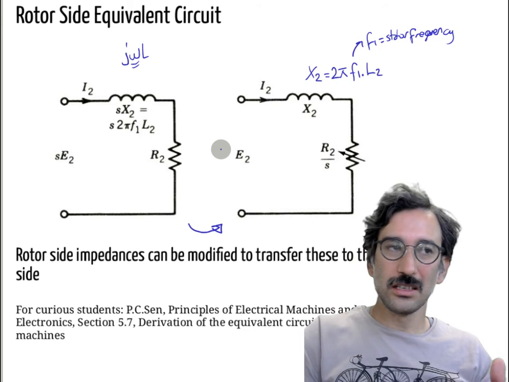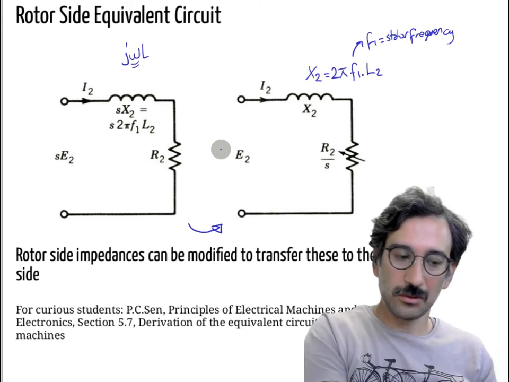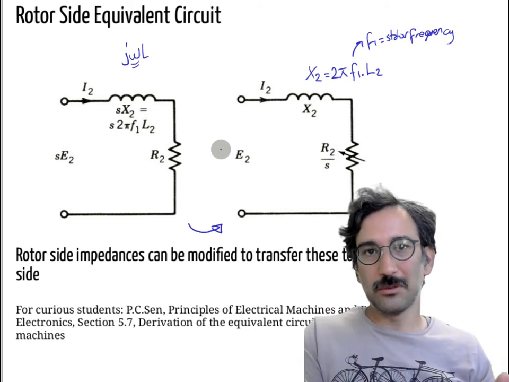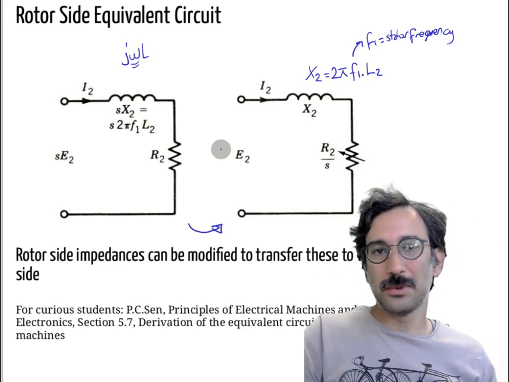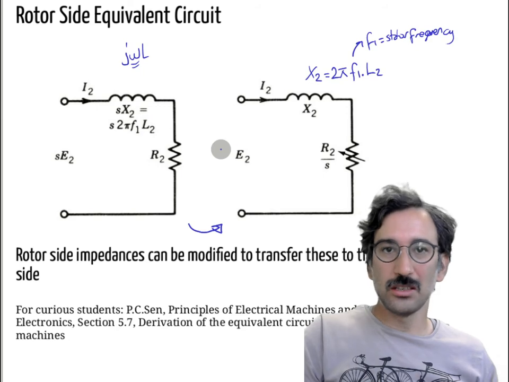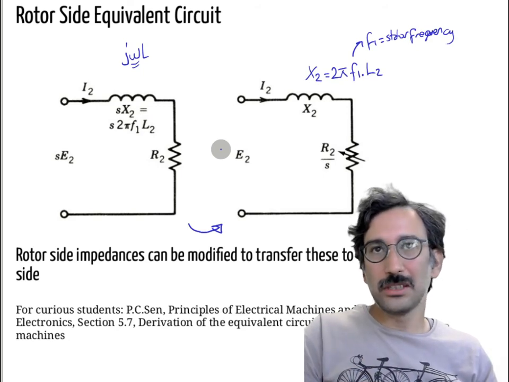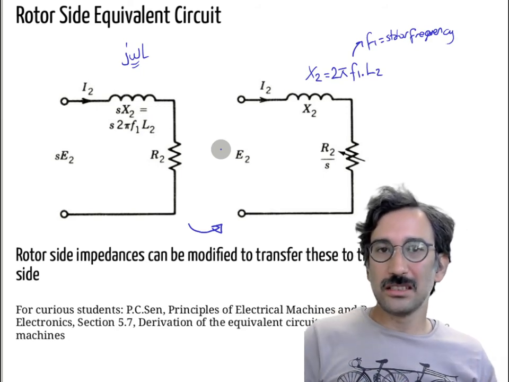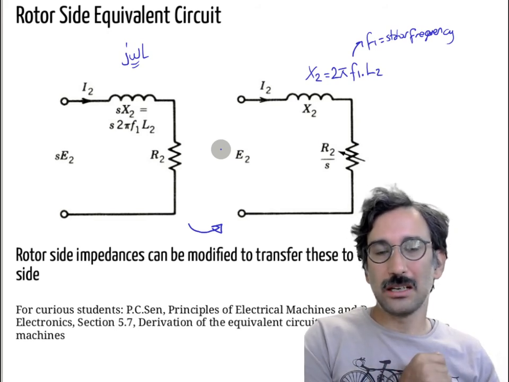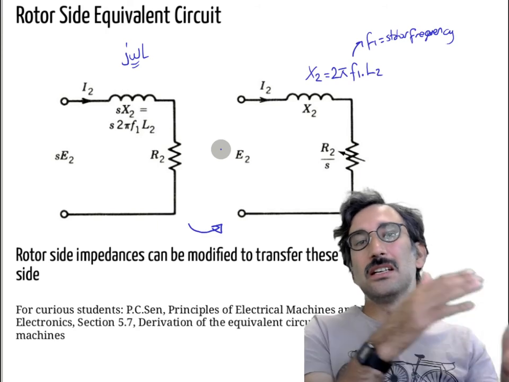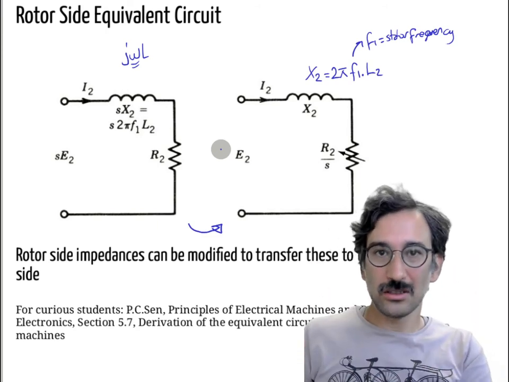So I not only transformed my circuit with the number of turns, but also with respect to frequency. At the end of the day, I'm not really interested in the actual magnitude of the rotor currents. What I'm more interested in is the reflected effects on the stator.